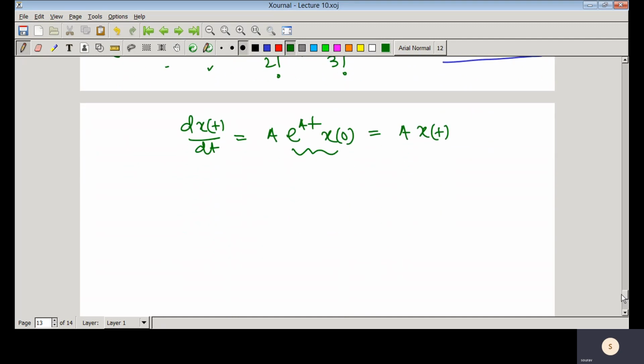Another interesting thing we can notice here is that the state transition matrix satisfies the system equation.